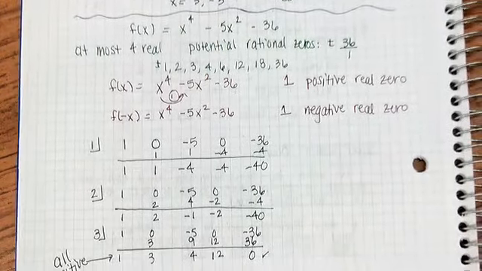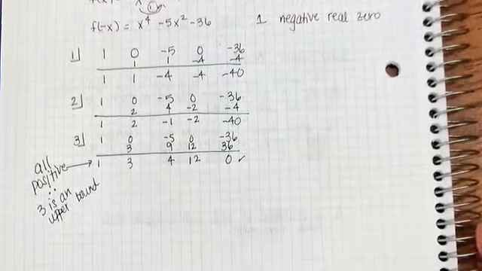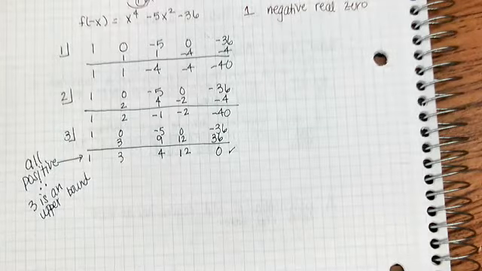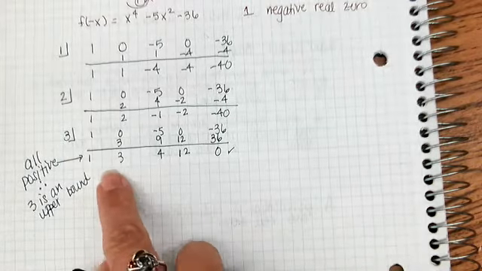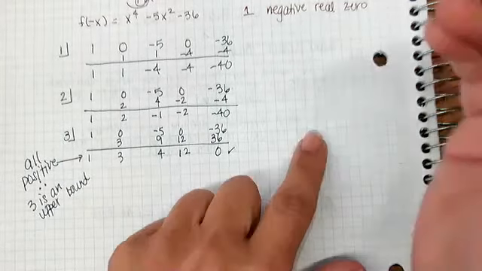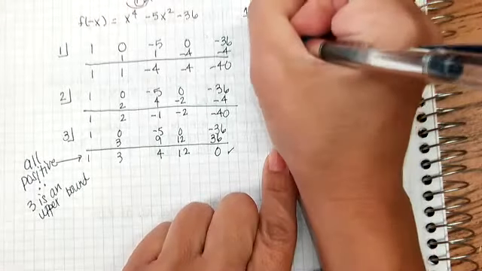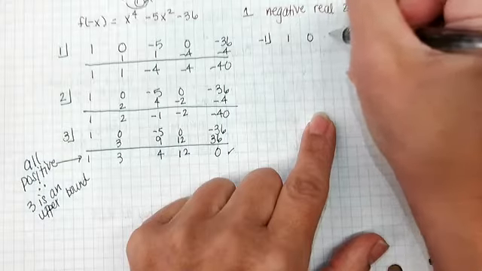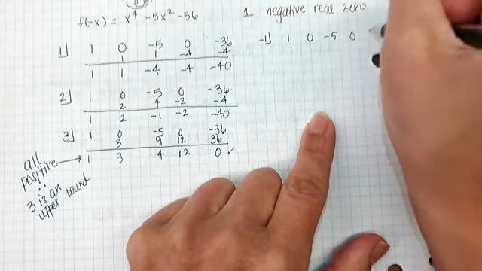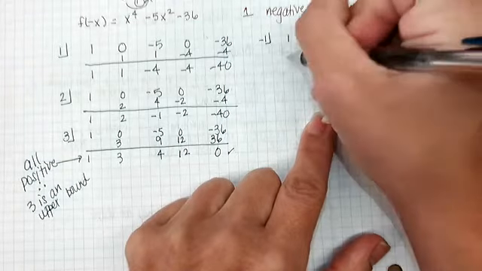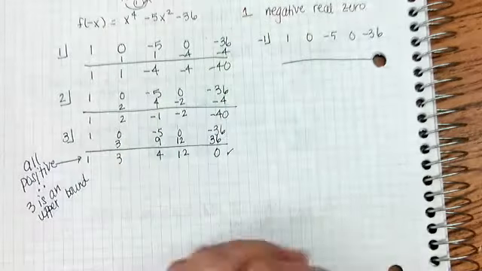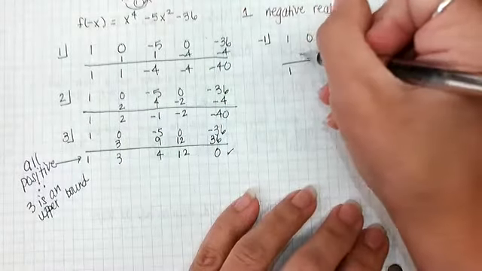So now I'm going to do the negatives. I'm going to go back to what we started with. So I'm going to say -1. And for the negatives, I want to alternate positive, negative, or with 0. 1, negative.